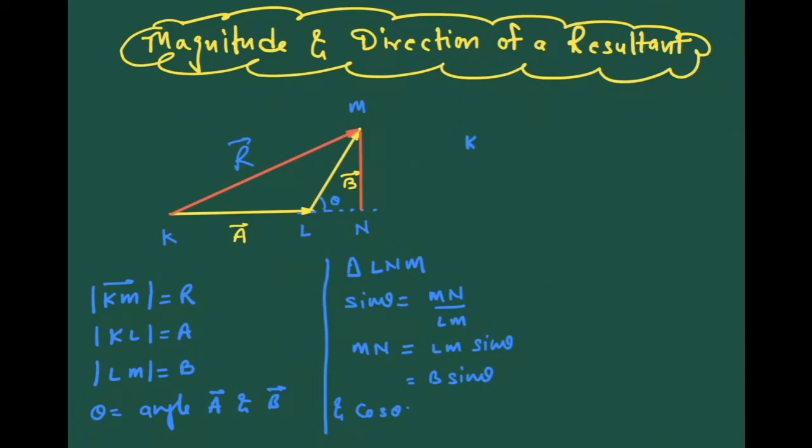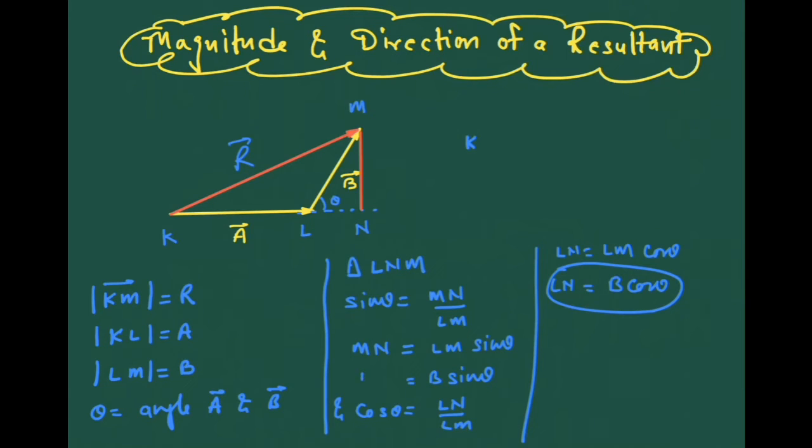Similarly, cos theta is equal to LN by LM, so we can write LN as LM cos theta, which means B cos theta. So LN is B cos theta and MN is B sin theta.